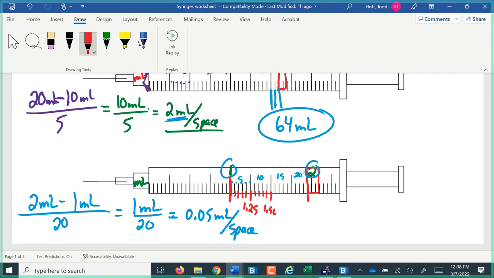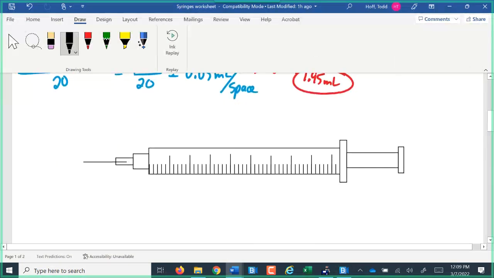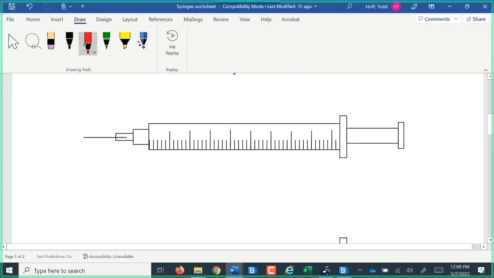So that's 1.50. 55, 60, 65, 70, 75, so 1.75. 80, 85, 90, 95. That's 1.95 milliliters of fluid in that syringe. So it's important to be able to determine that scale from the markings on the syringe.